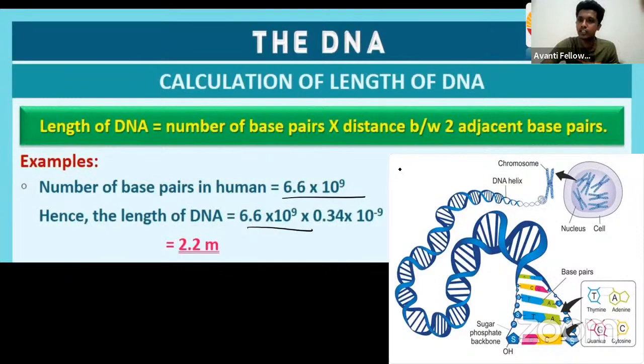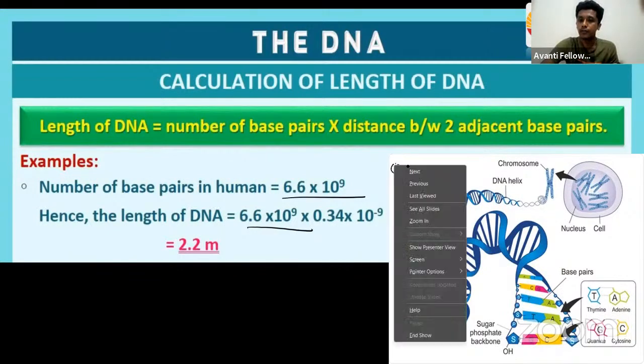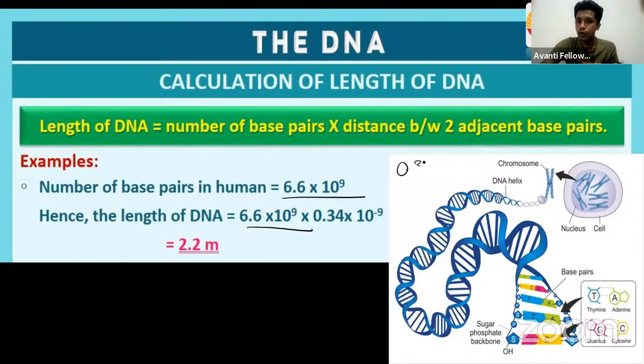Between each base, the distance is 0.34 nanometer, isn't it? So we multiply with 0.34 nanometer. Each cell has a DNA which is as long as 2.2 meters in length.